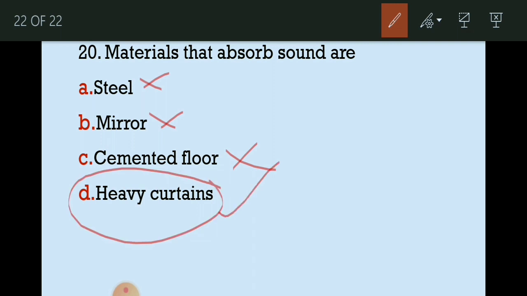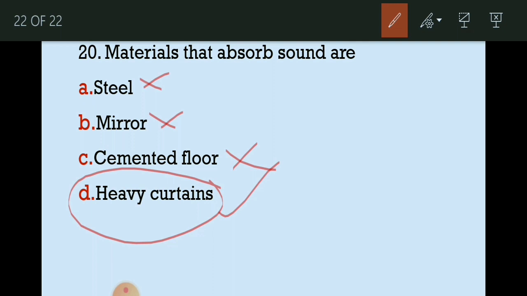That's why whenever you go to a cinema hall, you will see that the space is large enough, but still we do not hear the echo. Why? Because the ceiling, the floor, the walls are made in such a way: the heavy curtains are there, carpets are laid on the floor, the ceiling is made of such a material, and the walls are also made of such a material that it can easily absorb the sound, and as a result the sound is not getting reflected.